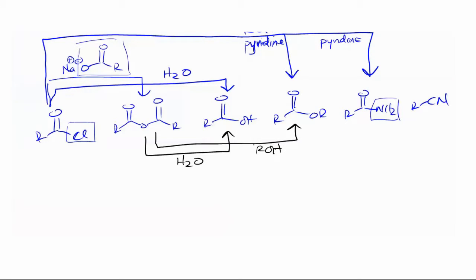ROH is fine. And this time we don't use pyridine because we're not creating an acid. Well, kind of. We are creating carboxylic acid, but it's not really all that acidic.